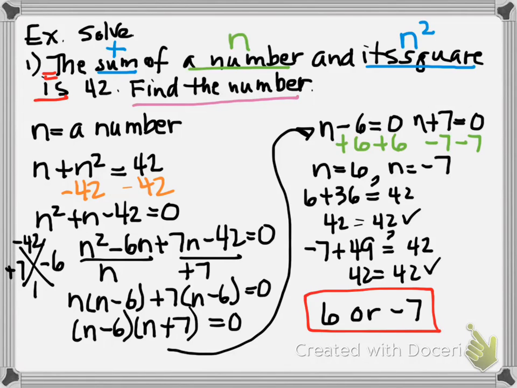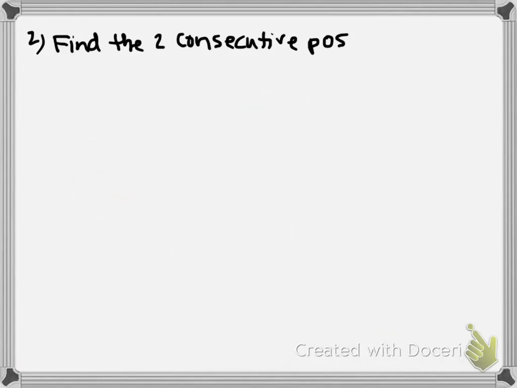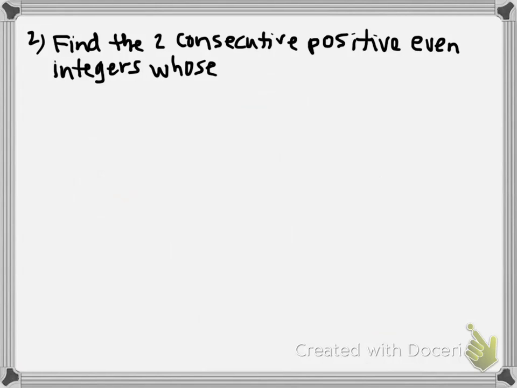All right, let's try another one. Find the two consecutive positive, well, that's a key word, even integers whose product is 80.